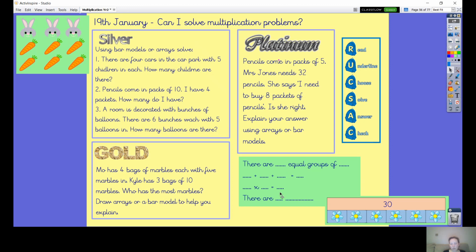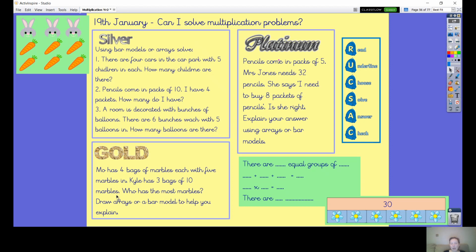I've also put the way I've solved them down here. So we wrote our sentence, there are equal groups of, to help us understand and underline. We could choose a repeated addition. You might have more or less bits to yours. And we could use a multiplication. I did both ways if I like. And then finally we need to write our sentence.